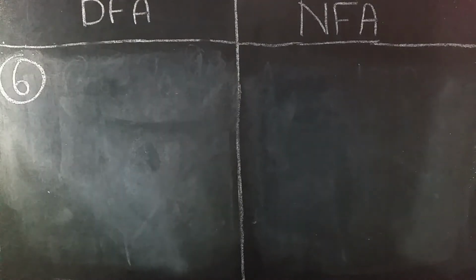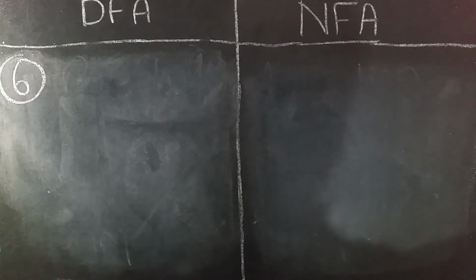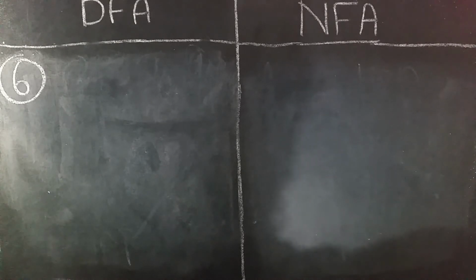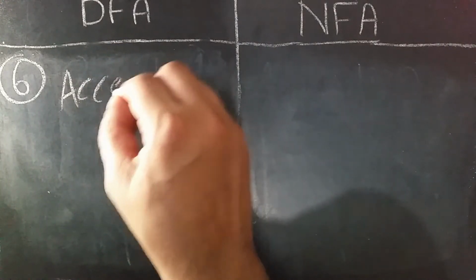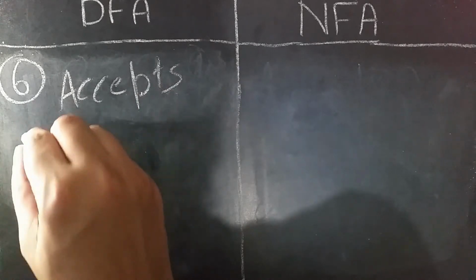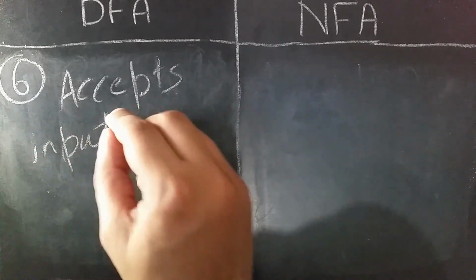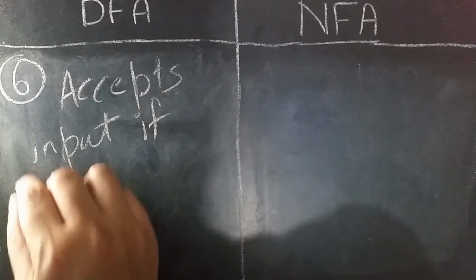The next difference between DFA and NFA is based on string acceptance. Now DFA accepts input if the last state is final.